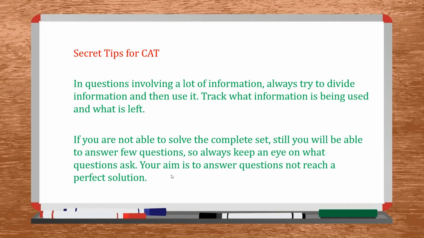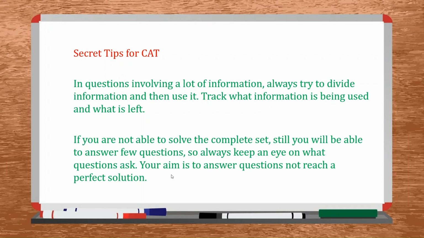And next, what we learned is, your main aim is to answer the questions and not to reach a perfect solution. Your aim is not to find all the possible values or to do all the mappings that you have. That's not your ultimate aim. Your aim is to answer the questions that are there. So always read the questions first.